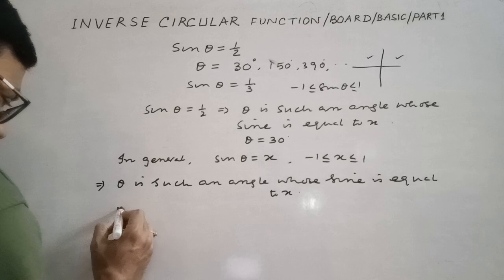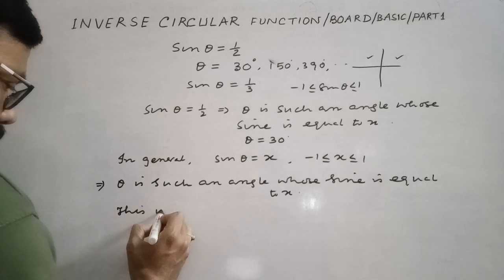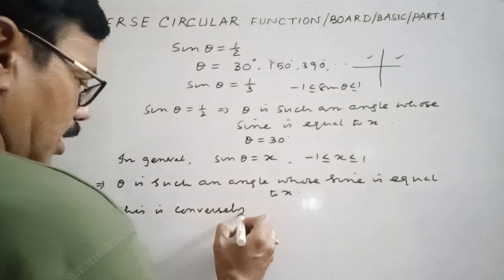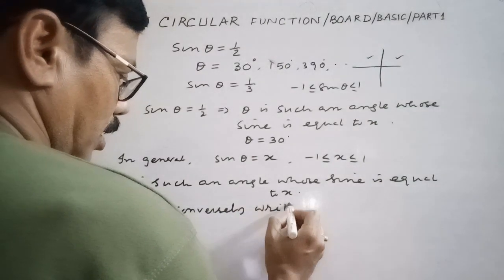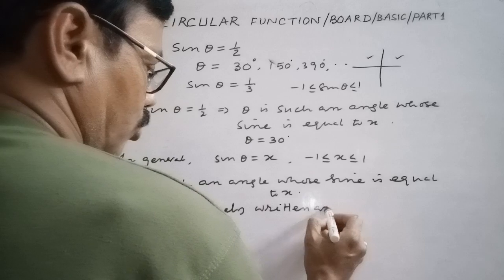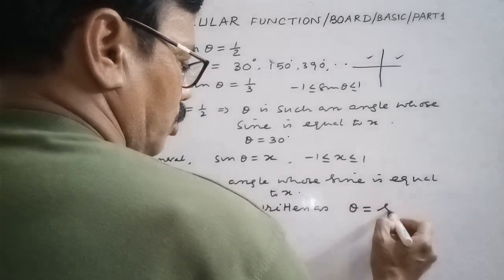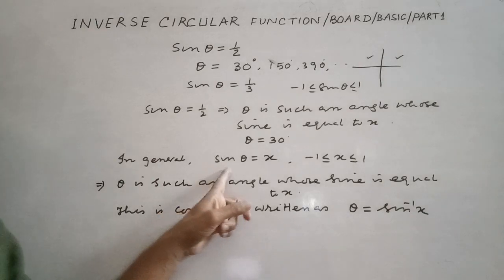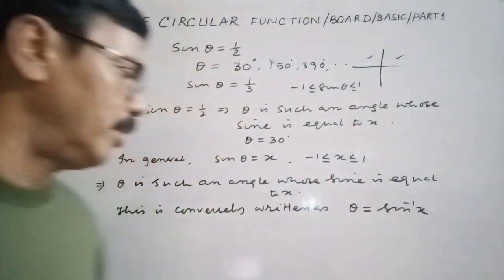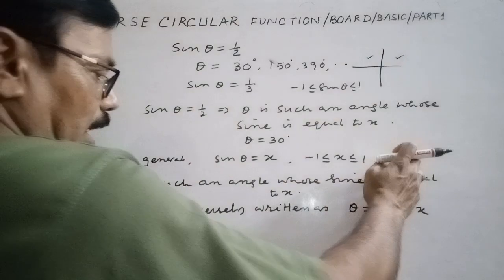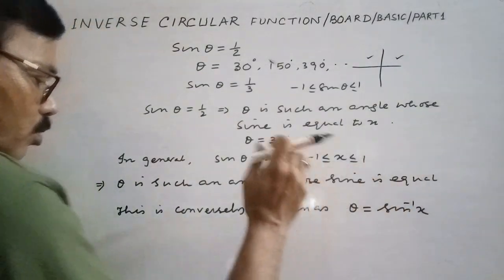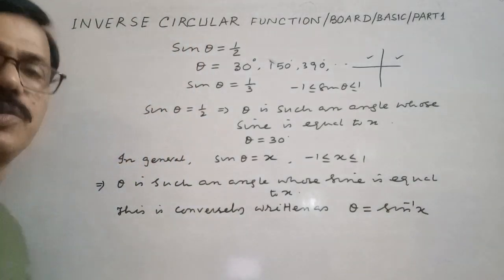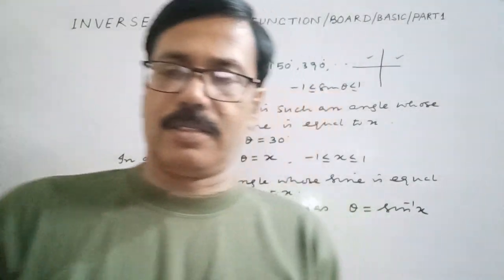So, this is conversely written as theta equals sin inverse x. So, if sin theta equals x, then theta is such an angle whose sine is equal to x. We express it in this notation, theta equals sin inverse x.